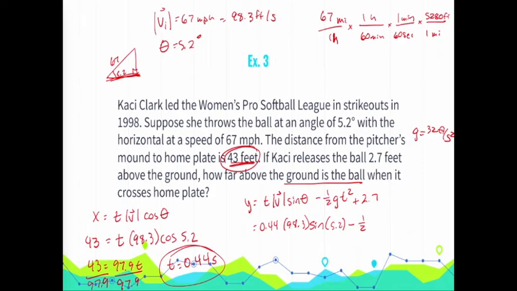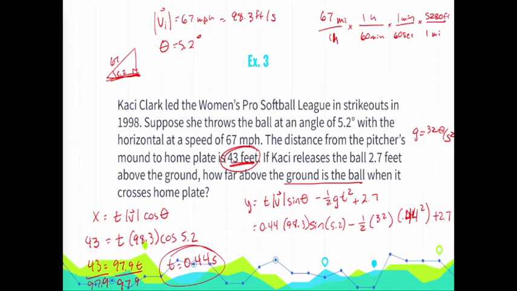So in the previous problem, we were doing things in yards. So we had to convert our gravity to yards per second squared. Here we're doing things in feet, so we can leave it as 32 feet per second squared times 0.44 squared plus 2.7, which is a lot, but this is why we have calculators.